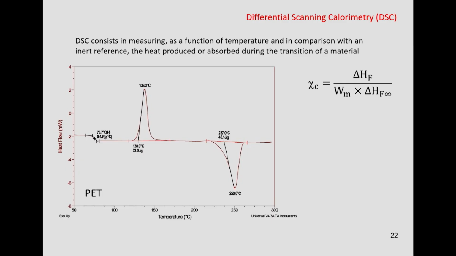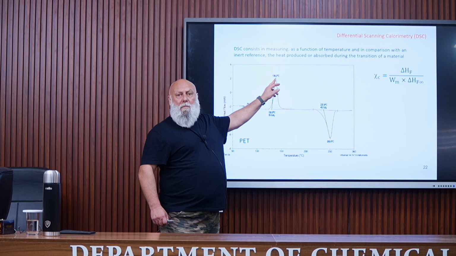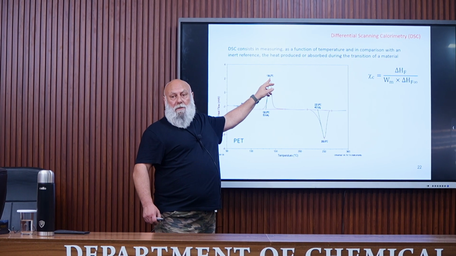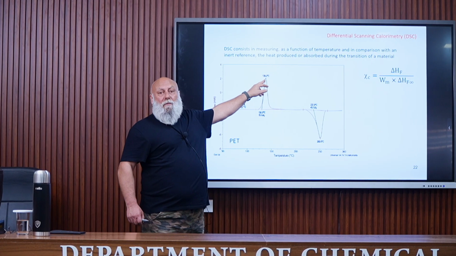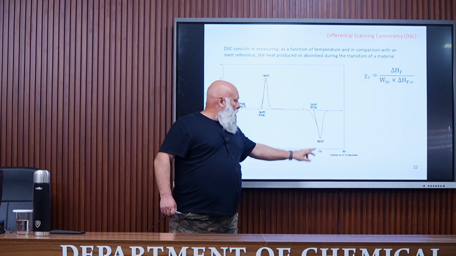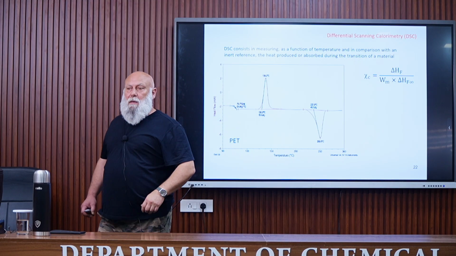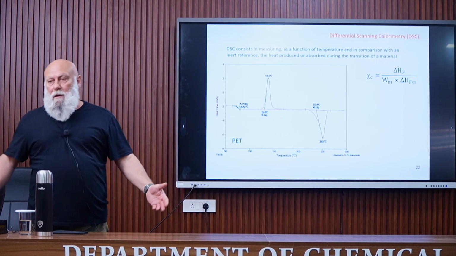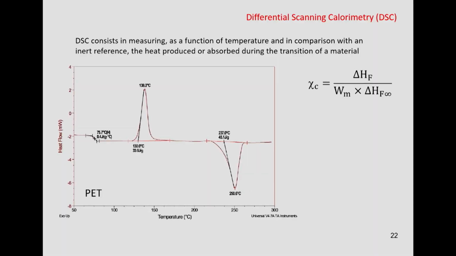The Tg, usually it's the inflection point on this curve. We can determine the maximum of this crystallization peak, which corresponds to the temperature of crystallization. The temperature corresponding to the melting peak is of course the melting temperature.